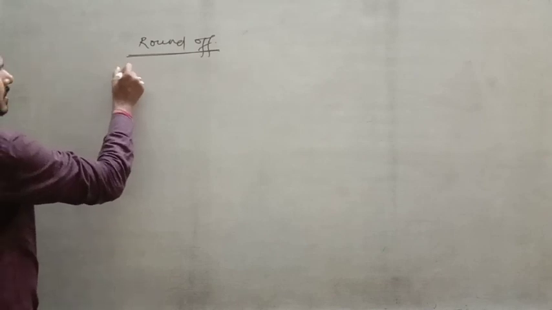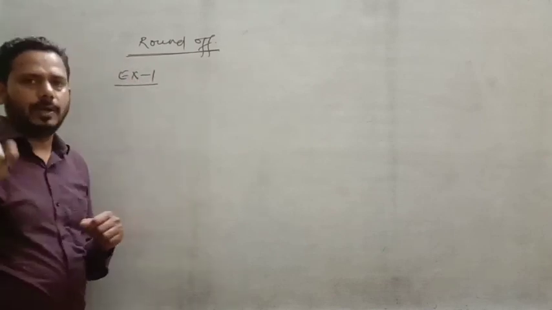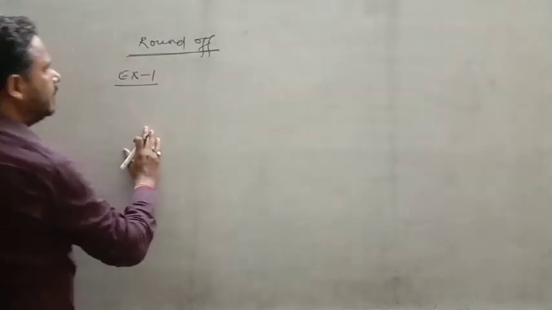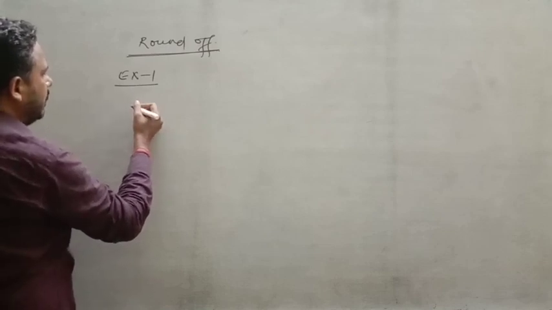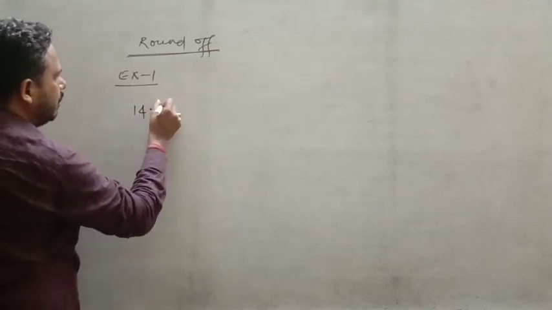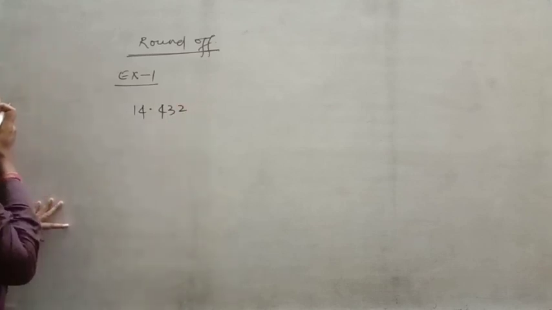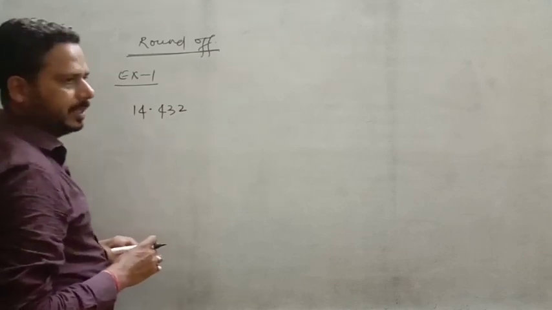This one is your example 1. Actually this is also your rule 1. Suppose we have taken a number, 14.432, and we have to round off up to 3 significant figures.